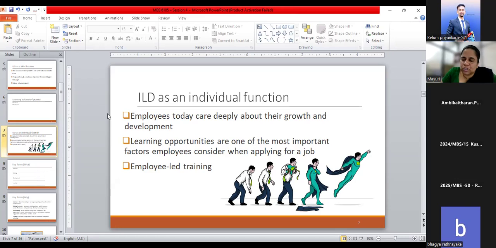Now, today, what has happened? It has become predominantly an individual function. We are responsible. Our own responsibilities are increasing, right? Like you all are doing this MBS, because you decided, you determined, and you took the decision that it's your own responsibility, right?